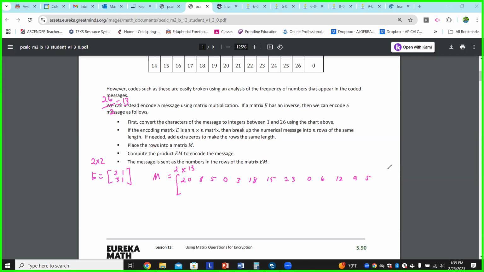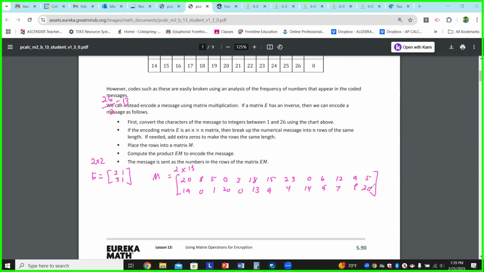And that was just the first 13 numbers. Now I'm going to write the next 13 numbers. So that's 19, 0, 1, 20, 0, 13, 9, 4, 14, 9, 7, 8, 20.